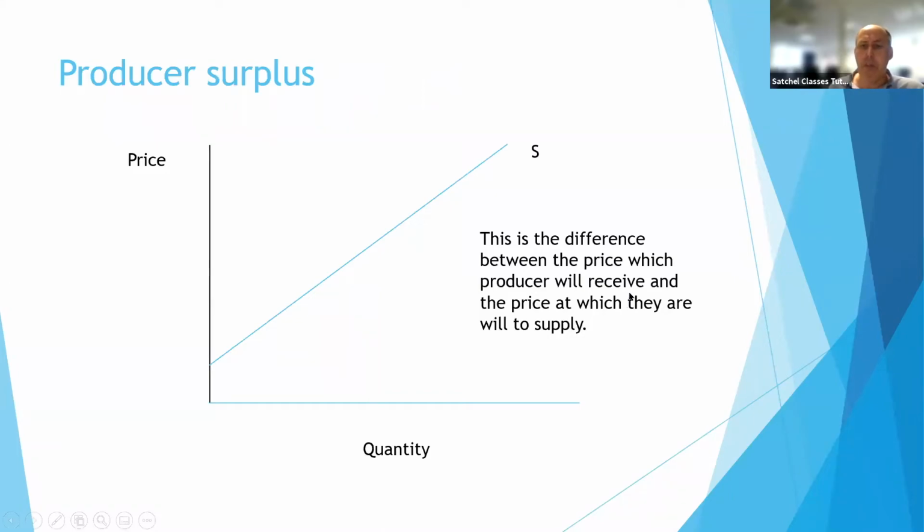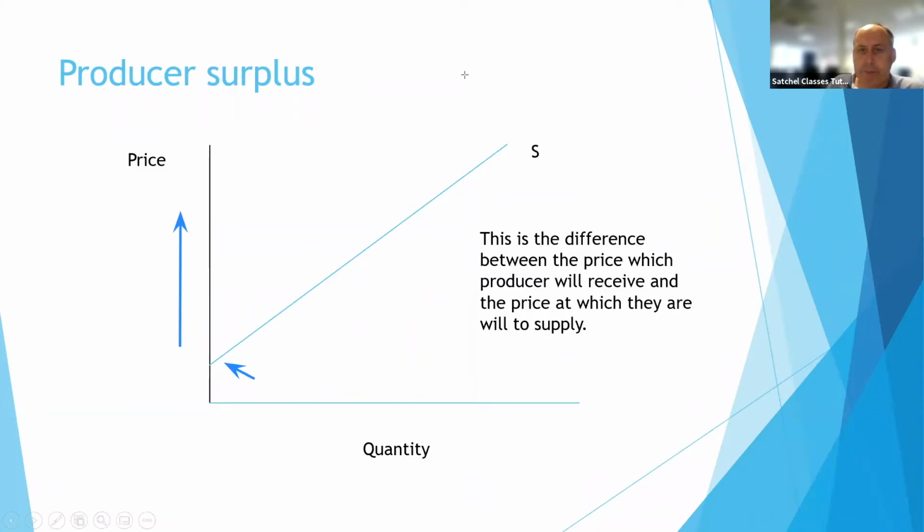Now, producer surplus. I've already said that suppliers down here, if I just draw down an arrow, can actually afford to produce and sell their products at that lower level. And as the price rises up that axis, more and more producers can jump in and produce more goods.